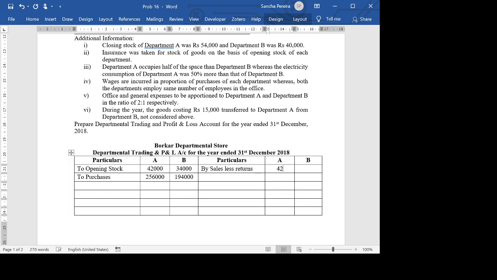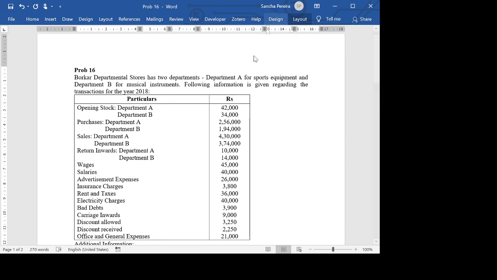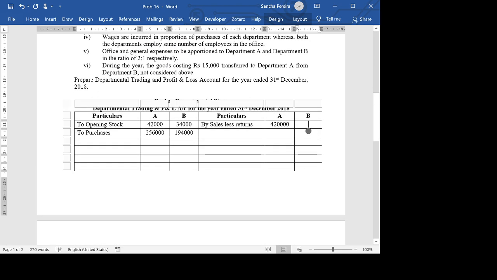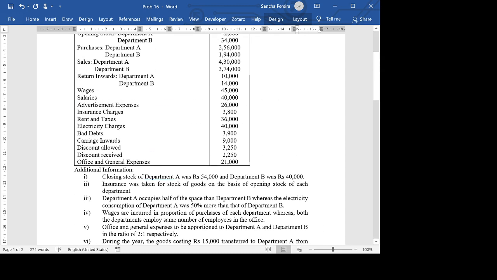Similarly for B it is 3,74,000 minus 14,000, which becomes 3,60,000. Then we also have wages, 45,000.